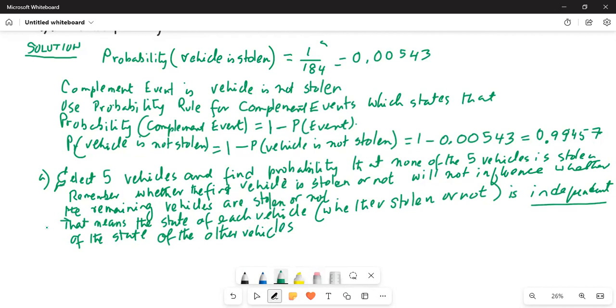So we will apply the multiplication rule for probability of independent events.